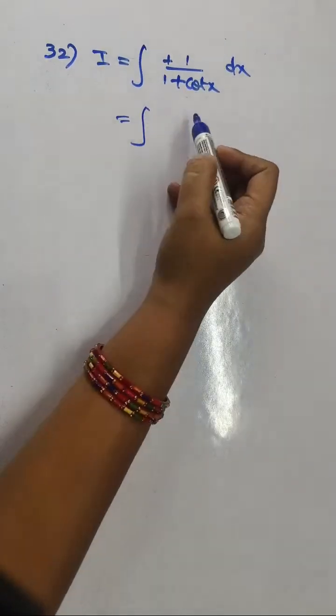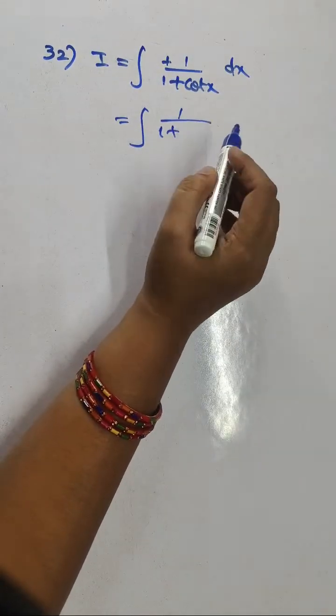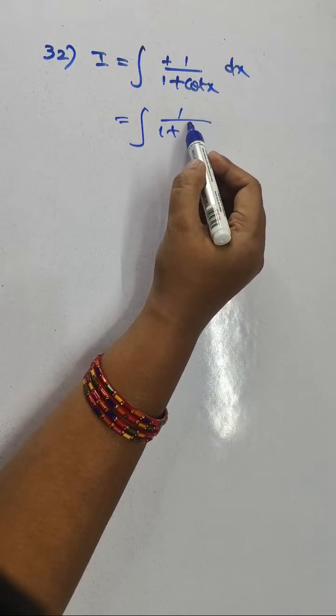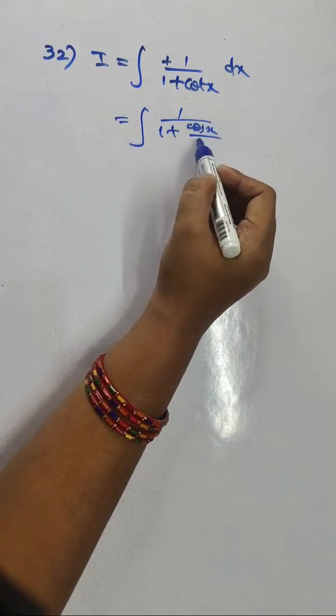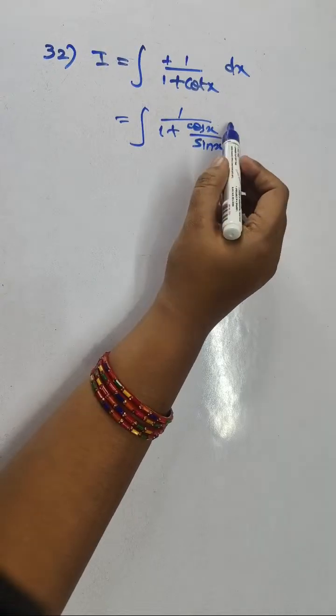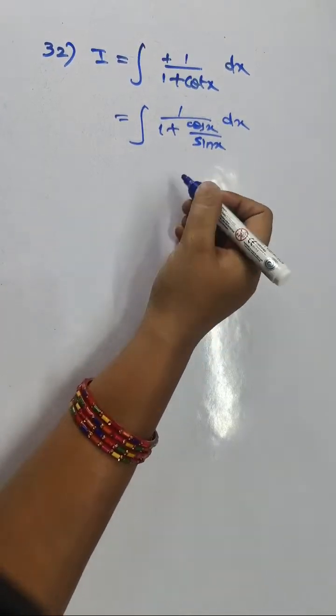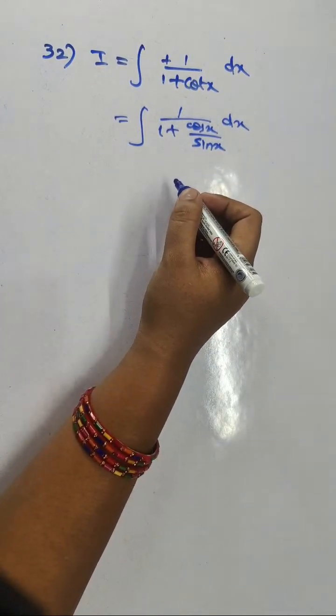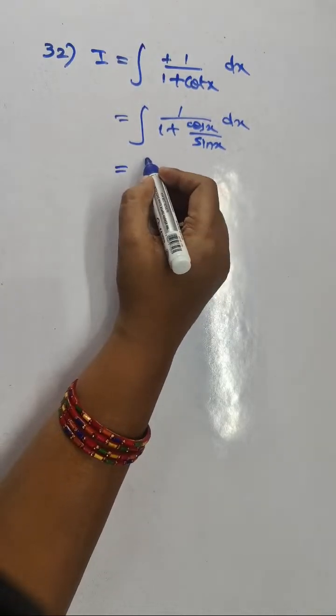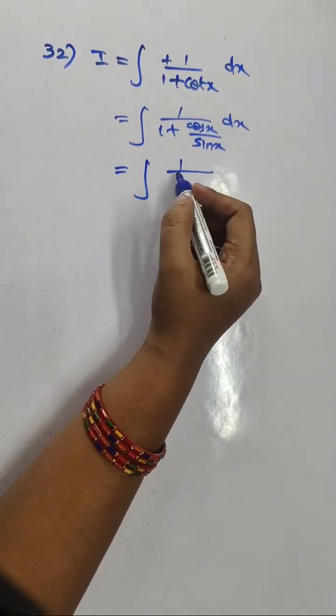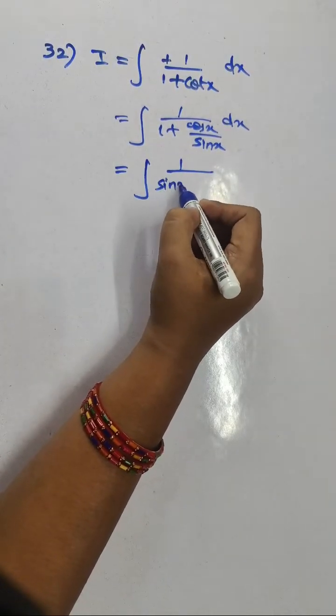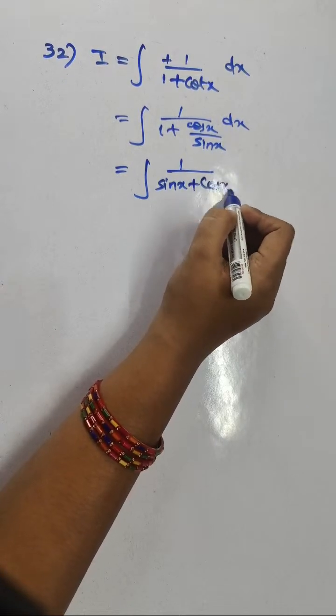So what we do is we try to write cot x as cos x by sin x. Let's see whether we can use it this way. So this can be written as sin x plus cos x, the whole by sin x.